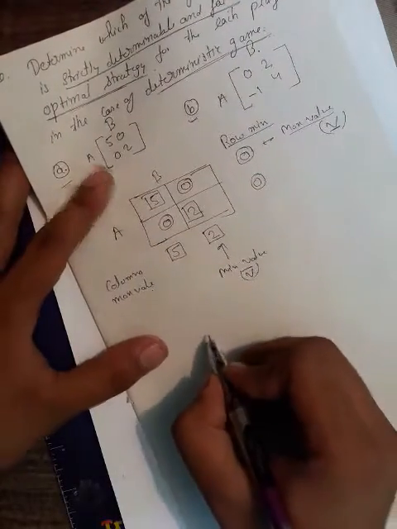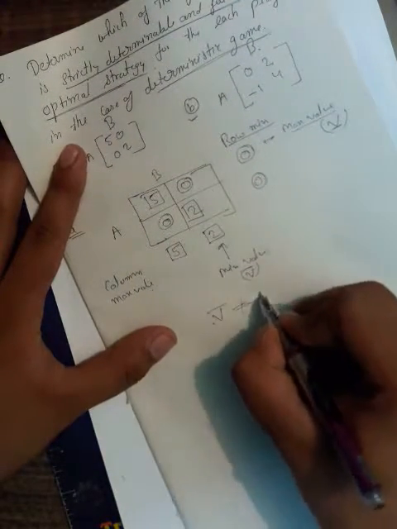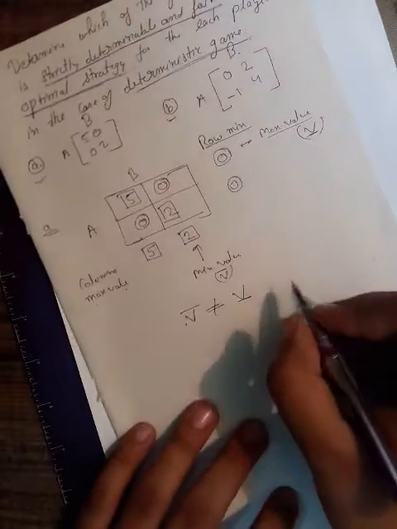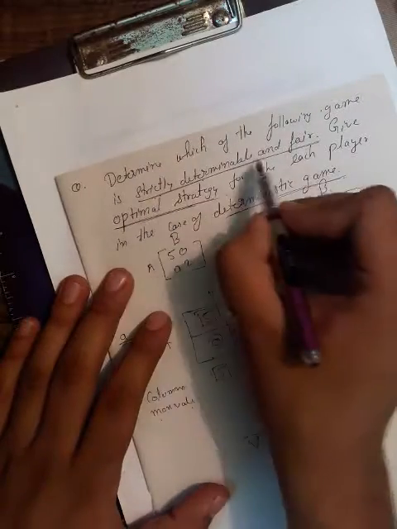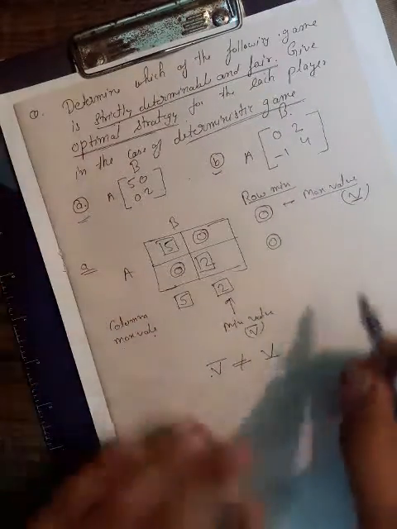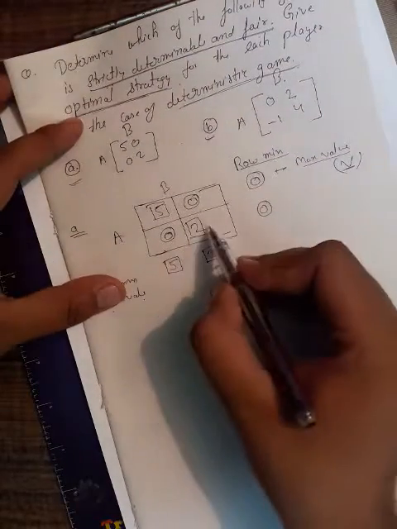Since V bar is not equal to V underbar, this is the case where we need to find whether it is deterministic or fair. Since these two values are not equal, we are not going to get any saddle point.